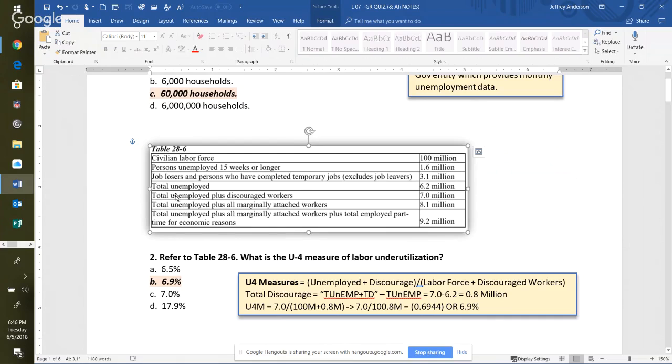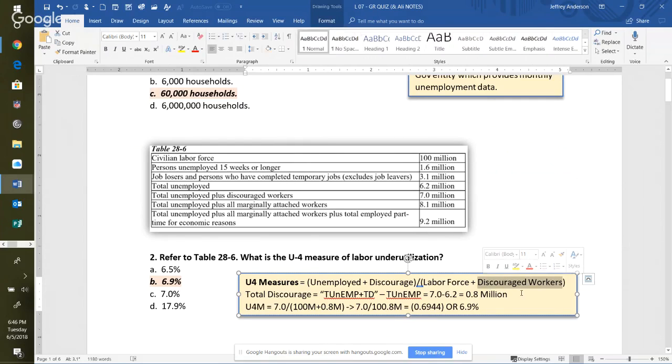I don't know if you can see this. The total unemployed plus discouraged workers. Right. And then I subtracted the total unemployed from it. And that's how I was able to come up with the discouraged workers right down here in that part of the formula.